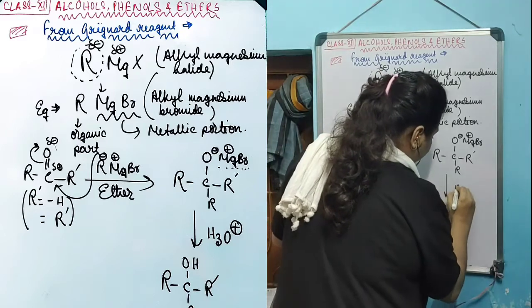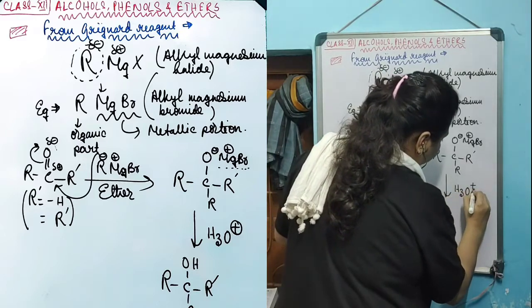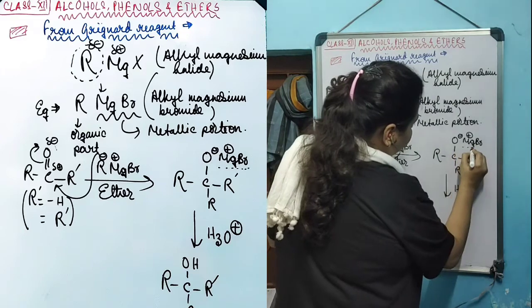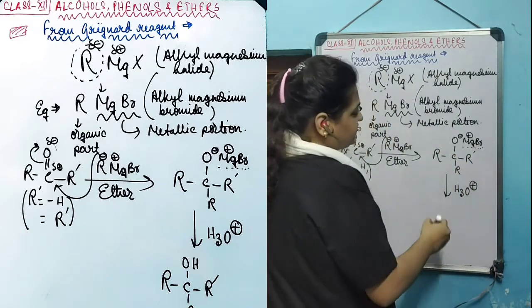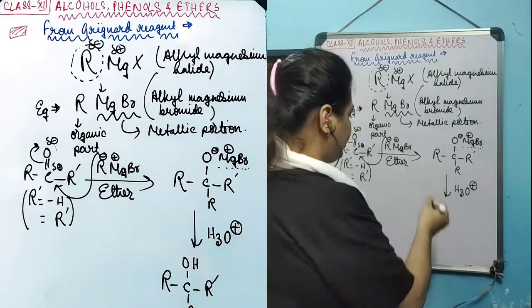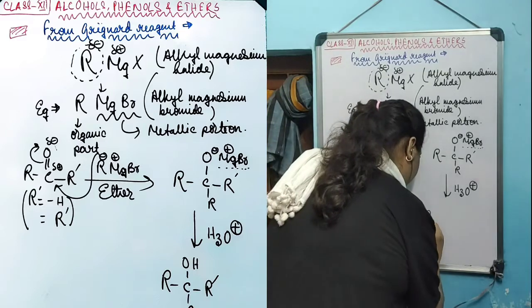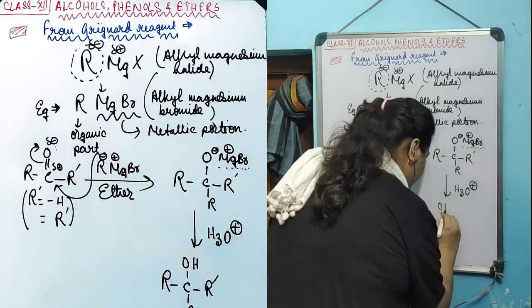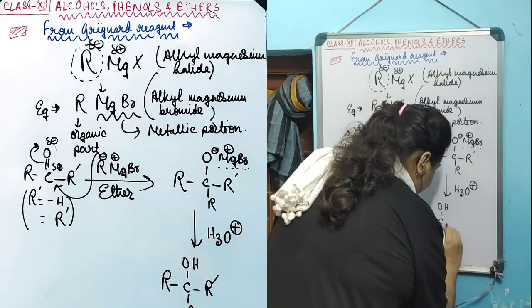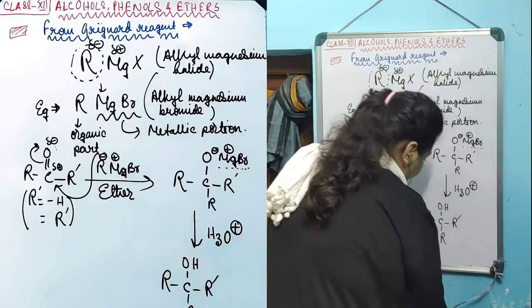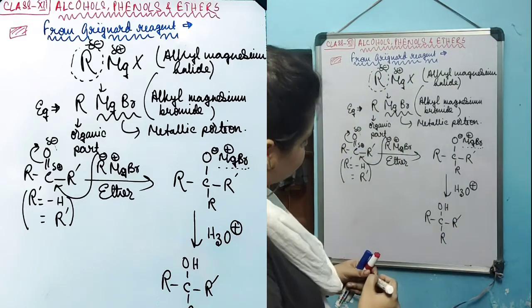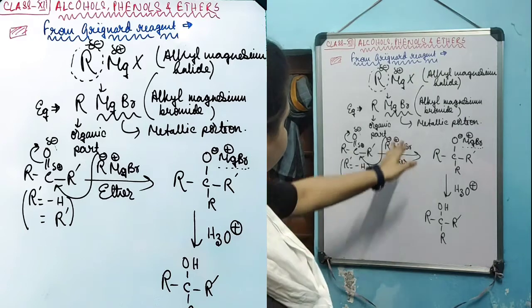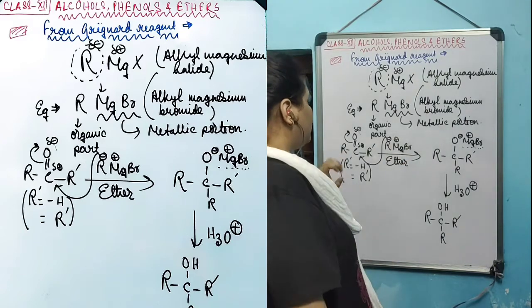In the next step, when you do the hydrolysis, the MgBr gets hydrolyzed, and as a result of this hydrolysis, alcohol is formed. So this is the reaction of Grignard with a carbonyl compound.